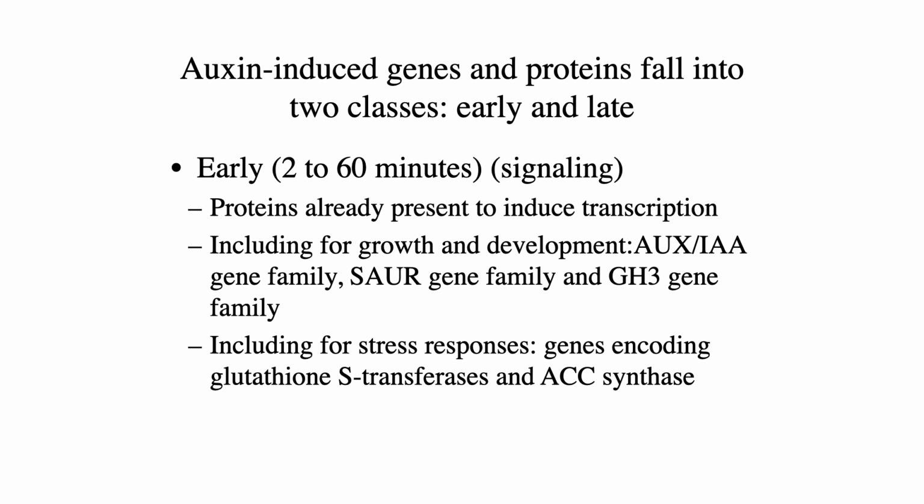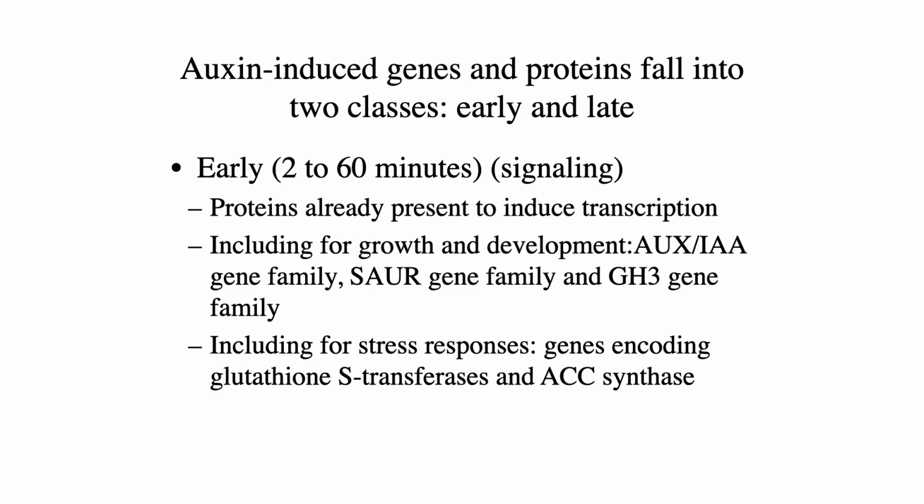Auxin can induce the expression of well over 1,000 genes in the plant. Auxin induces genes and proteins that fall into two classes, early and late. Early genes and proteins, say within 2 to 60 minutes after exposure to auxin, are involved in signaling. Some of the proteins are already present to induce transcription.